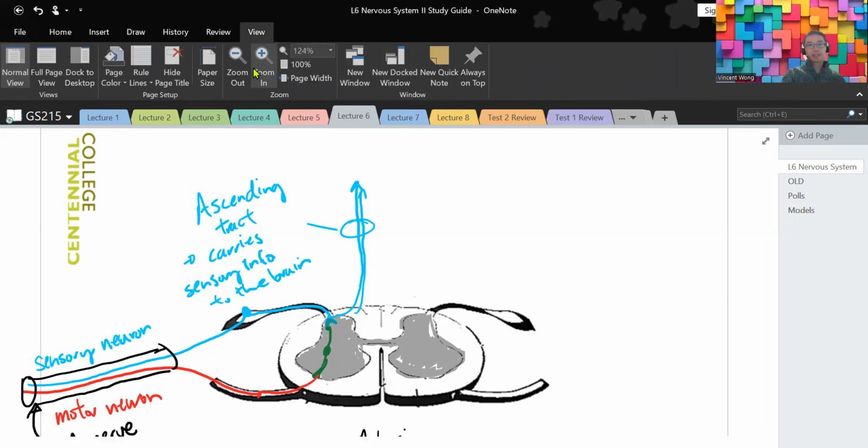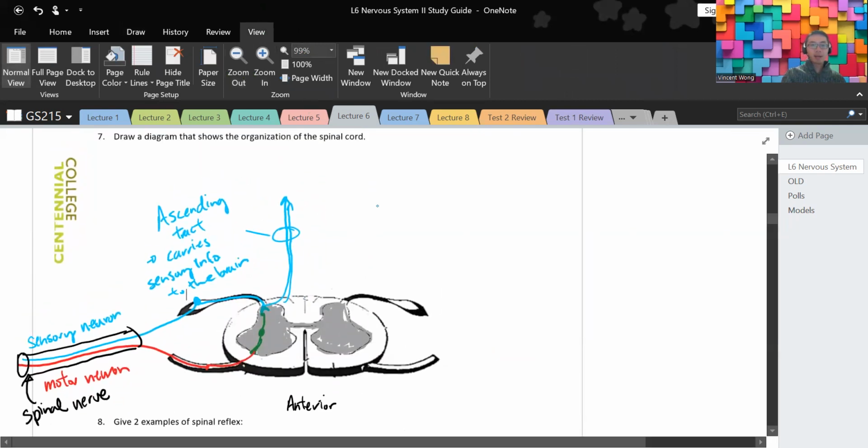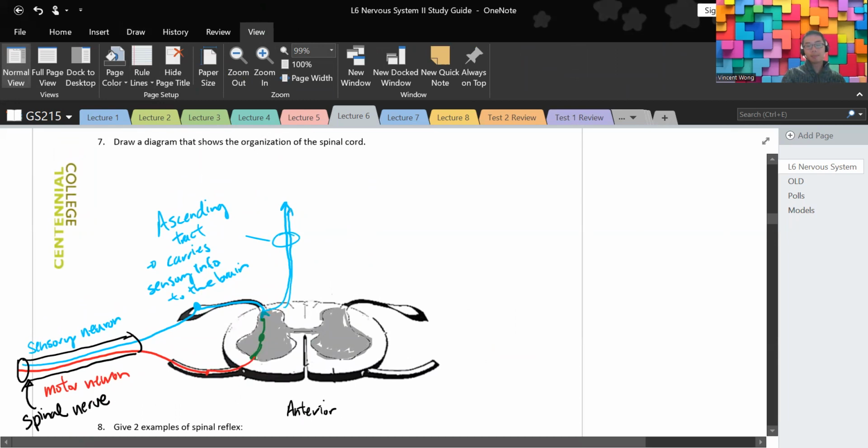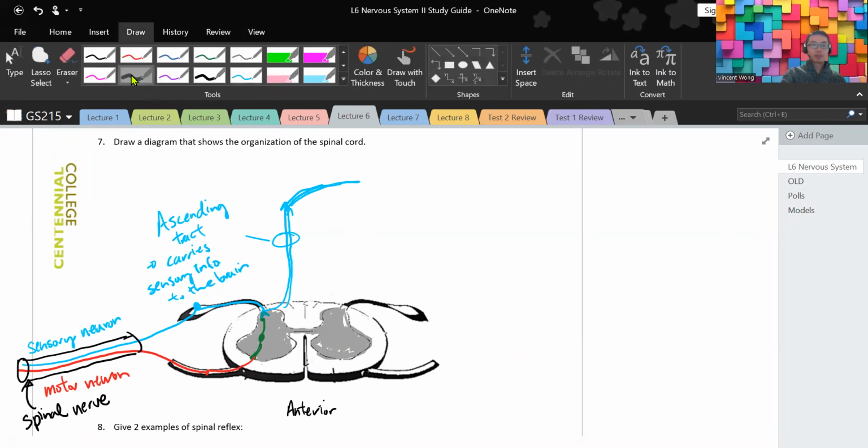Okay. So it's going to keep on going up, up, up, up, up. And when you get to the medulla oblongata, you're going to cross the middle. And you might remember that.